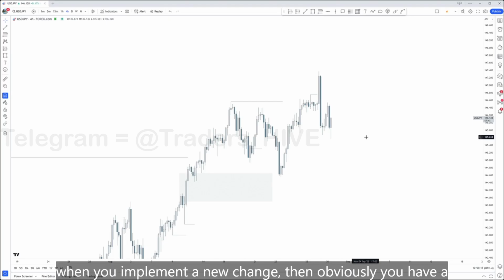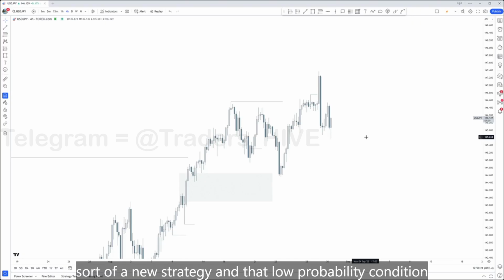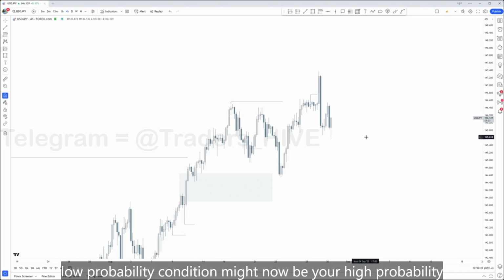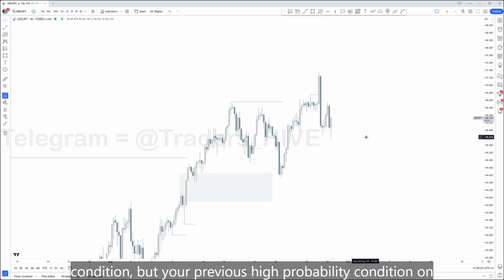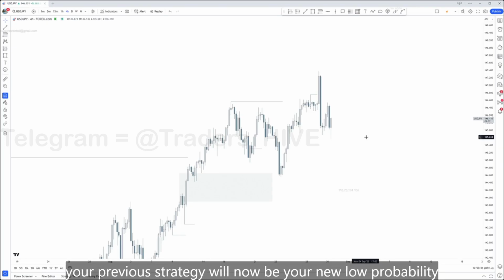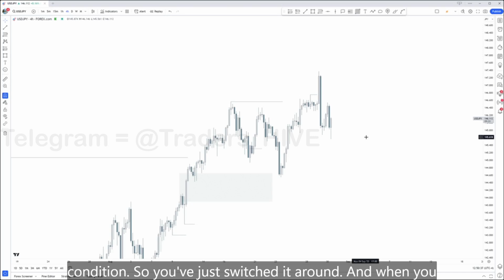When you implement a new change, then obviously you have a sort of new strategy, and that low probability condition that you were trading in with your previous strategy might now be your high probability condition, but your previous high probability condition on your previous strategy will now be your new low probability condition. So you've just switched it around. And when you keep on doing that, you will never make any progress.